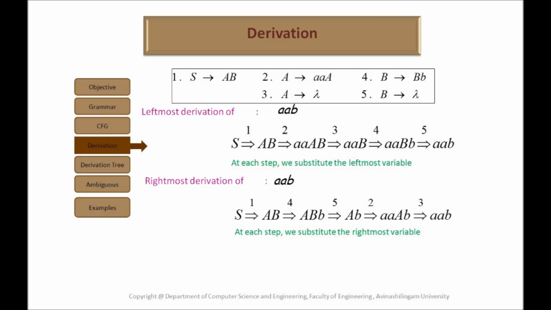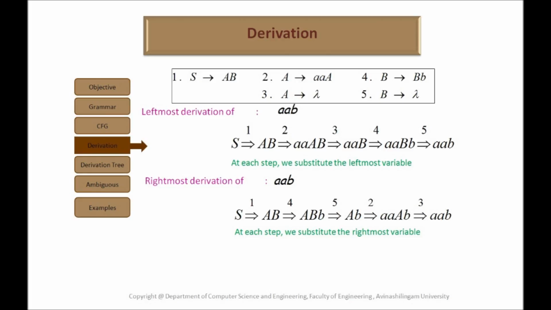Leftmost derivation means at each step we have to substitute the leftmost variable. So using production 1, S becomes AB. Using production 2, here we have A as the leftmost variable. It has to be replaced using production 2. So it becomes AAAB.